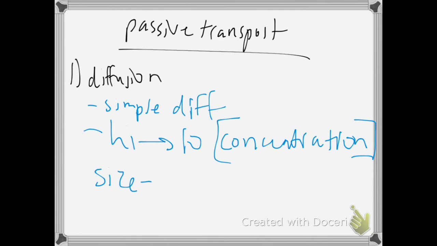Which one of these substances, polar or nonpolar substances, would be able to simply diffuse across a plasma membrane? So nonpolar substances can diffuse freely across a plasma membrane from an area of high concentration to low concentration. So no energy is required, but the molecule has to be nonpolar.